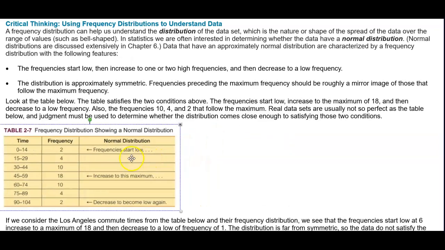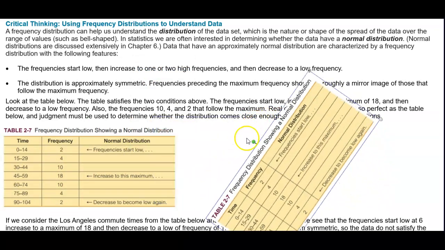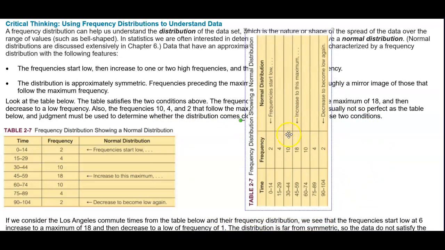So what I'm going to do is show you what this looks like if I rotate this data a little bit. You see the value of 2, right? So technically, if it's a bell curve, it starts low.